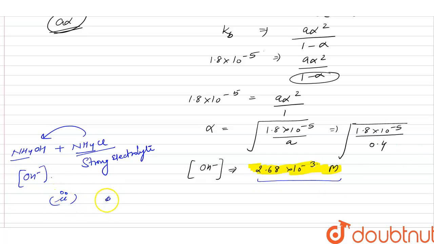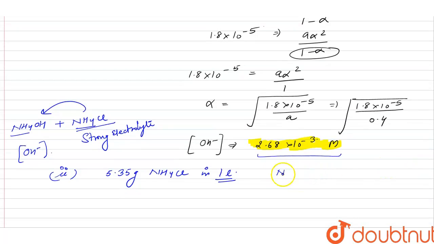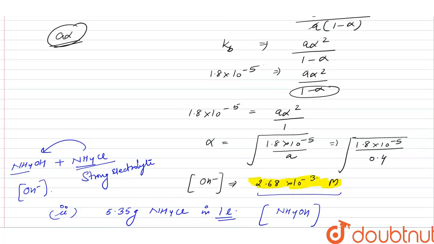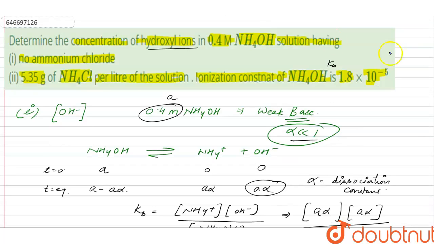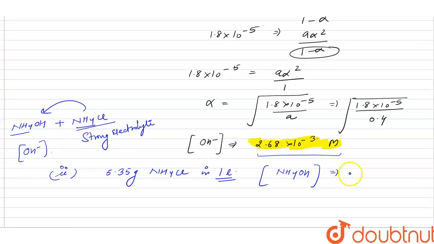We are given 5.35 grams of NH4Cl in 1 liter. In the question it is given that the concentration of NH4OH is 0.4 molar.